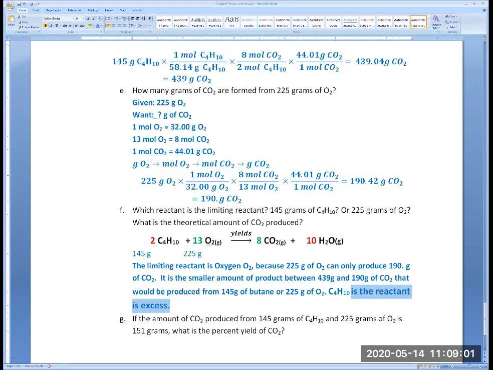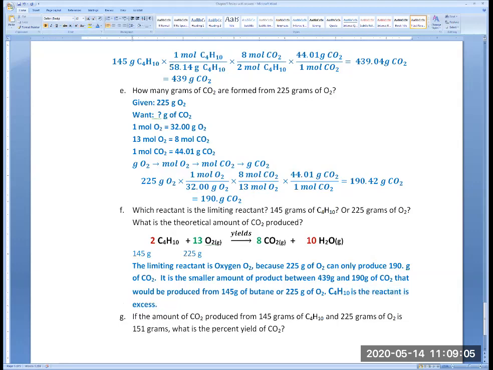Okay, is the reactant in excess, and there will be some left over, while O2 will be all consumed.